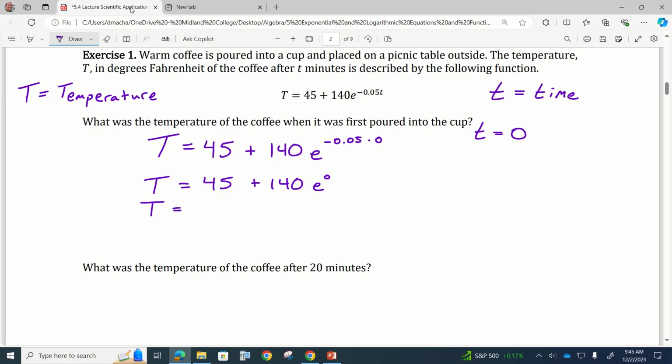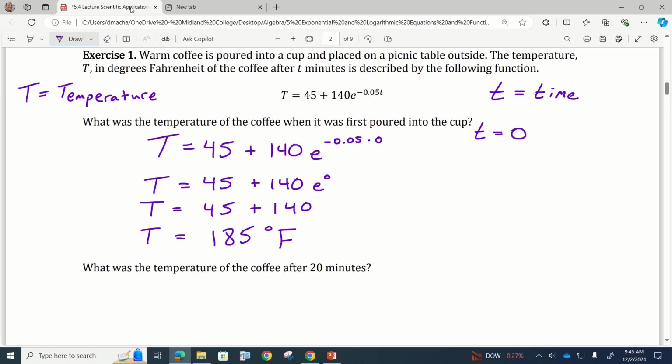E to the power 0 is 1, because anything raised to the power 0 is 1. And then 45 plus 140 is 185. So I can tell that the coffee started off at 185 degrees Fahrenheit. First poured.